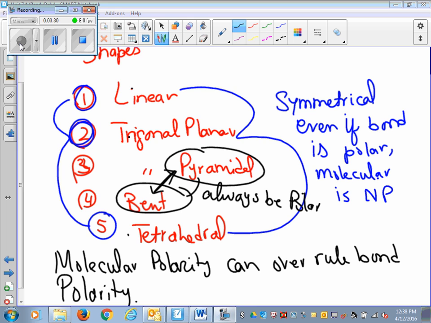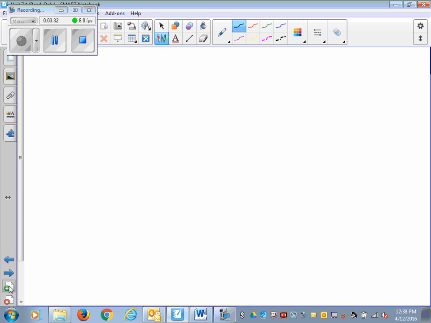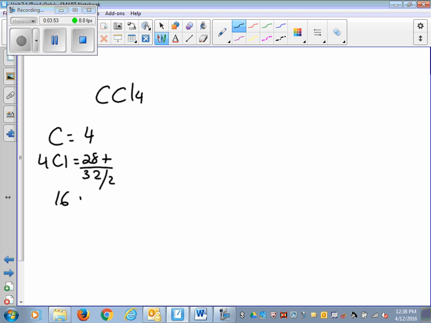As an example, let's talk about CCl4. First of all we need to do the dot diagram of CCl4. I'm going to remind you how. We count the valence electrons. 4 chlorines bring in 28, so it's 32. You always divide by 2, so it is 16 pairs.